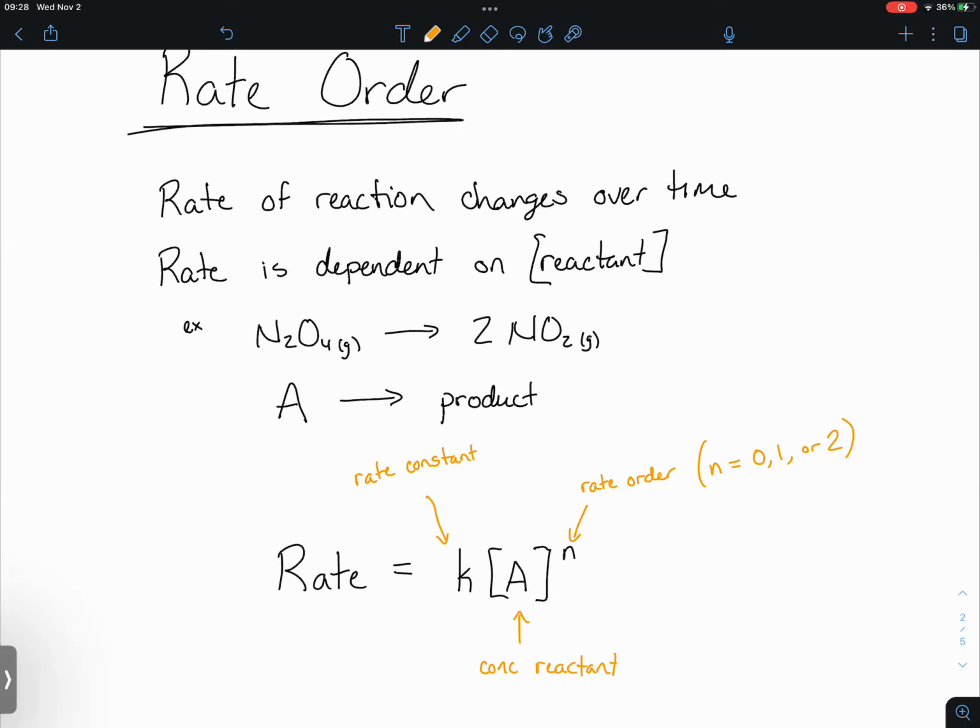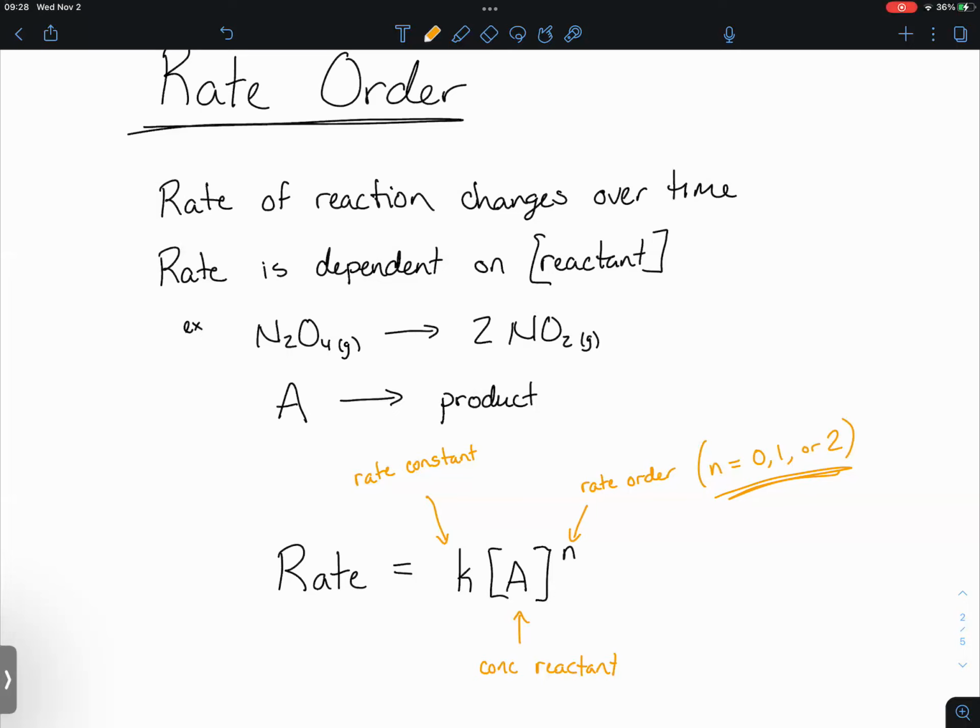Okay, you don't know just by looking at a reaction. You have to go through and actually analyze the data to figure it out. But these are by far the most common values for n. There are other rate orders that are possible, including numbers greater than 2, as well as fractions, but they're super rare and not what we're going to be focusing on in this class.